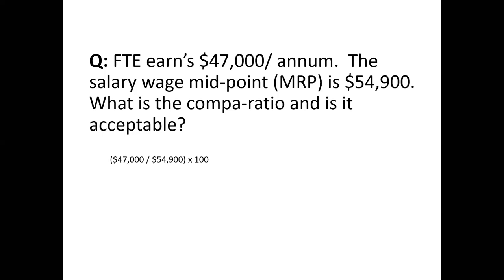In lieu of my typing error, what do you guys calculate? 47,000 divided by 54,900, and then multiplied by 100 so we can get more of a rate. What do you get? Actual divided by the mid-range, and then multiplied by 100.